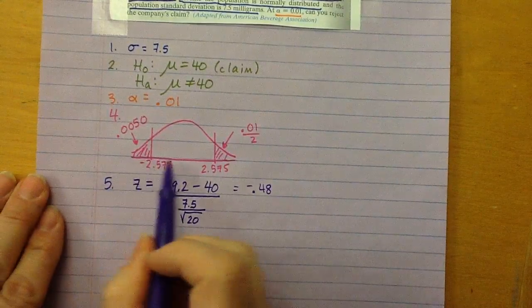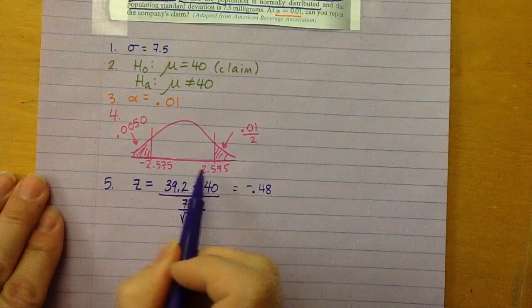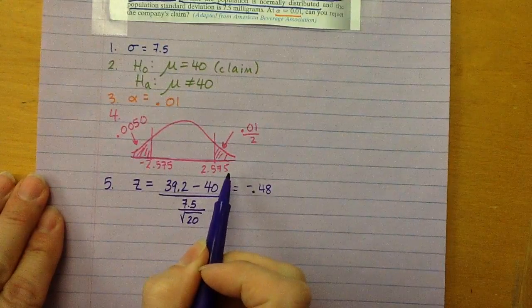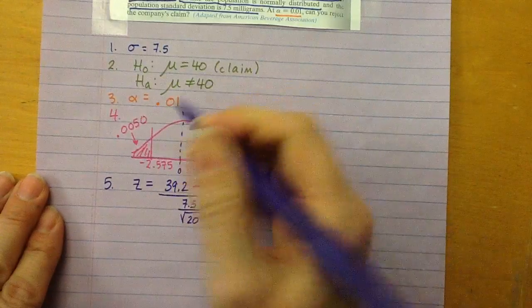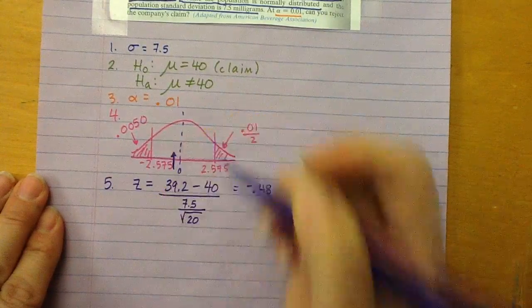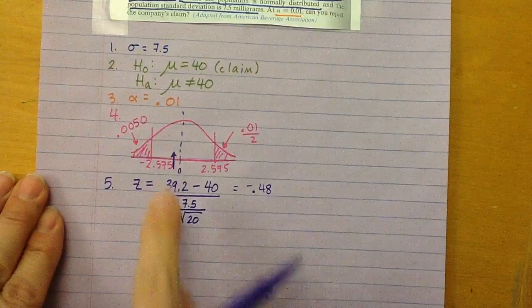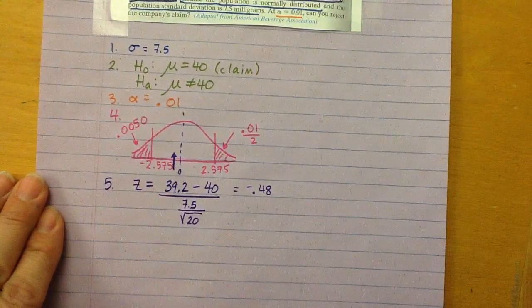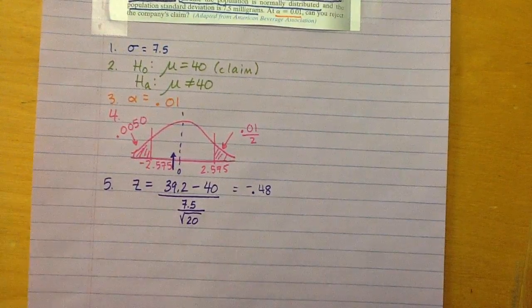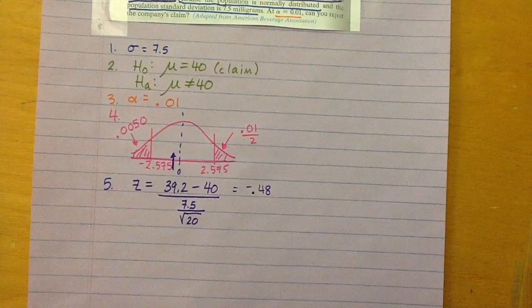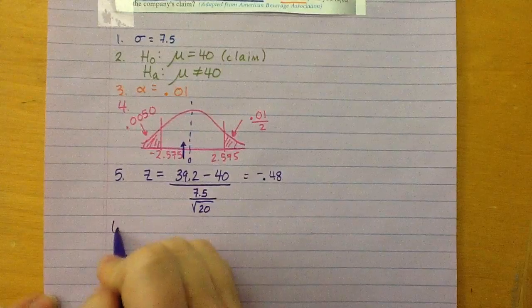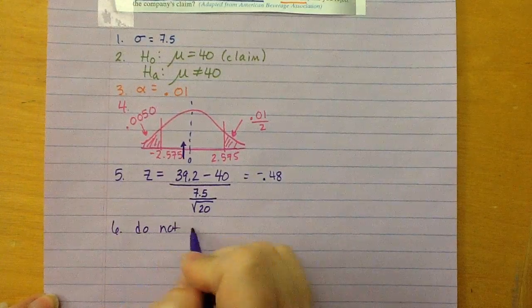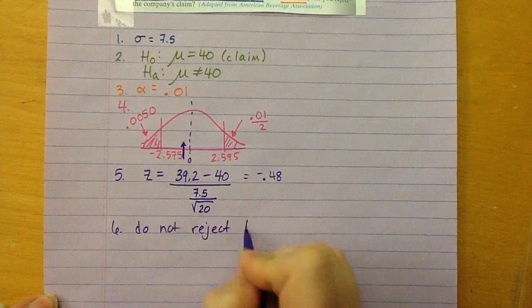So I look at my critical values here, and I'm going to put negative 0.48 on there. Well, here is 0. Negative 0.48 would go right in there. Since it's in the clear, I do not reject. So my decision is do not reject. And it's always do not reject or reject H sub 0.